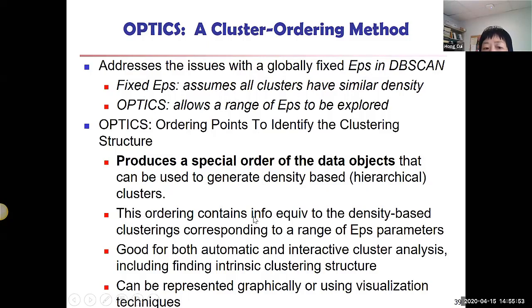It presents the data in a graph that can tell you where the clusters might lie. The graph can tell you what epsilons need to be selected in order to find the clusters as depicted in the graph.